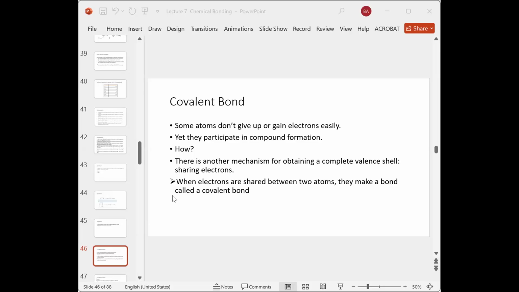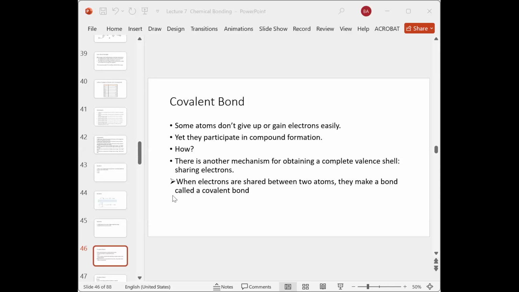This morning, the last time we were doing ionic bonding. So today we'll continue from the bonding that we ended last time. We'll tackle the covalent bond.